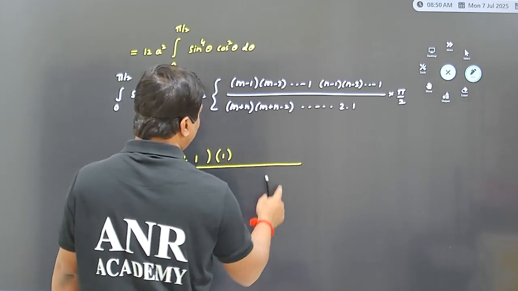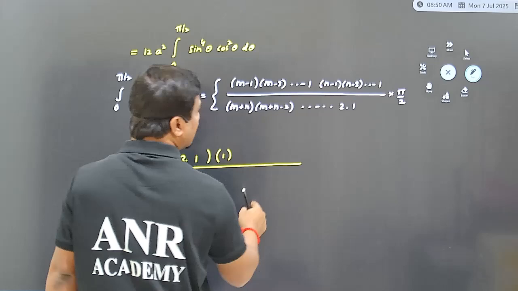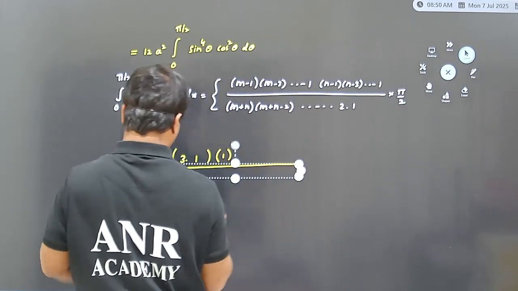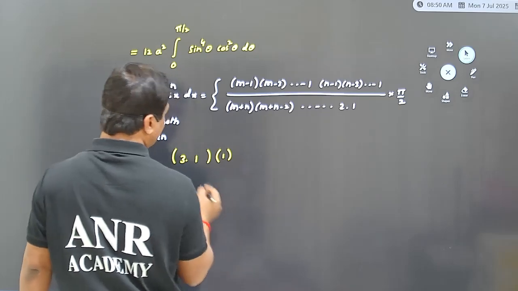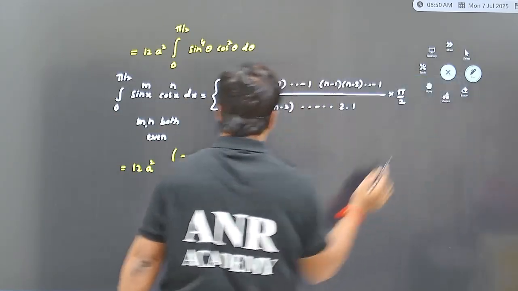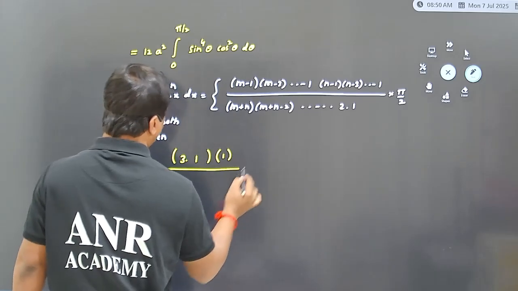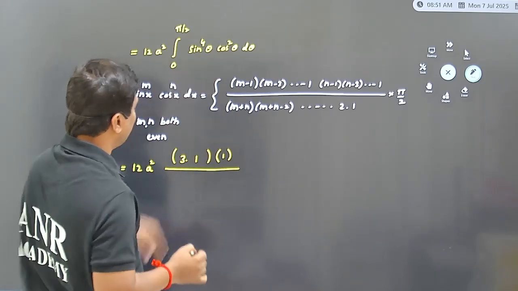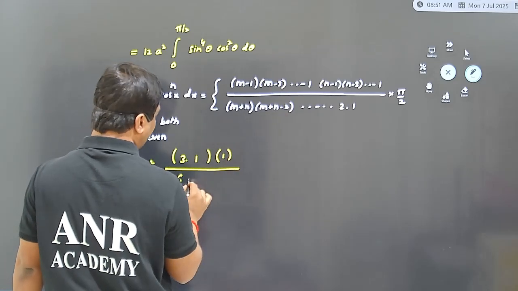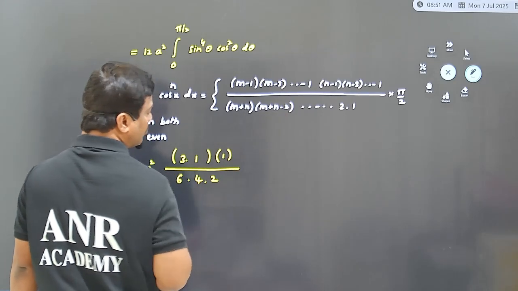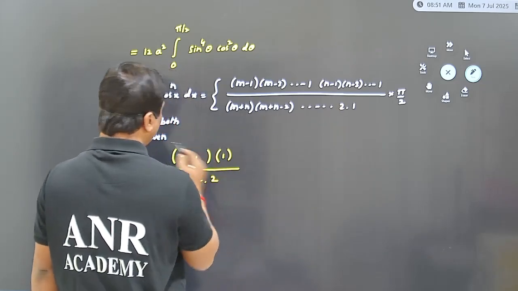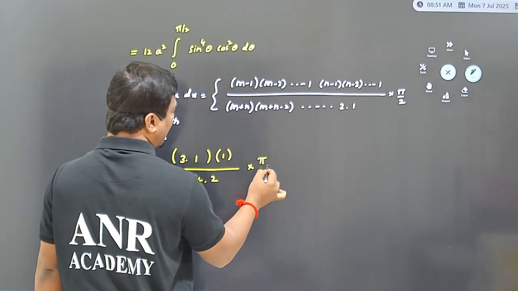So the numerator is 3 into 1 and 1 by the formula. Next, in the denominator part, m plus n is nothing but 4 plus 2, that is 6. And with the difference 2 you have to write: 6, 4, 2. And due to both even numbers, you have to write pi by 2.